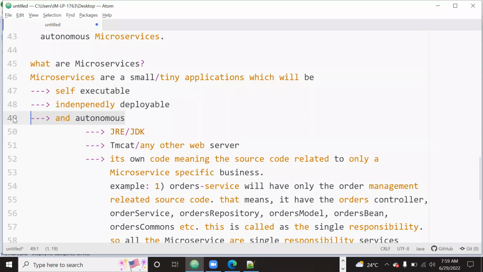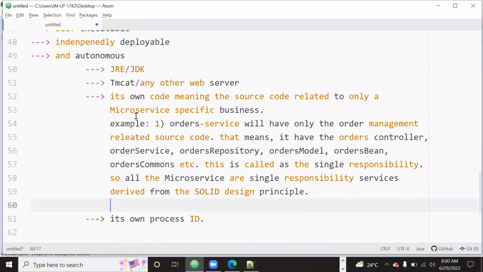Python can also have microservices, but a microservice should be a tiny application, self-executable, independently deployable, and autonomous. If a service satisfies these characteristics and the single responsibility per service design principle, then we call it a microservice.